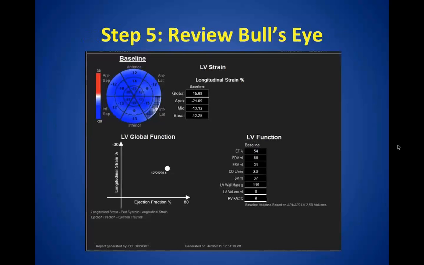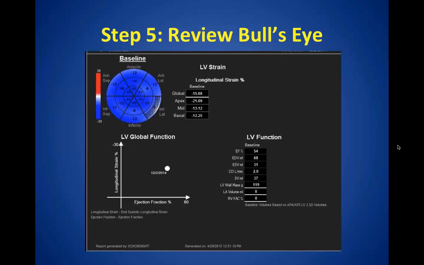And then our final step is to review the bullseye, which is presented on a summary page, in which a completely blue bullseye indicates normal.